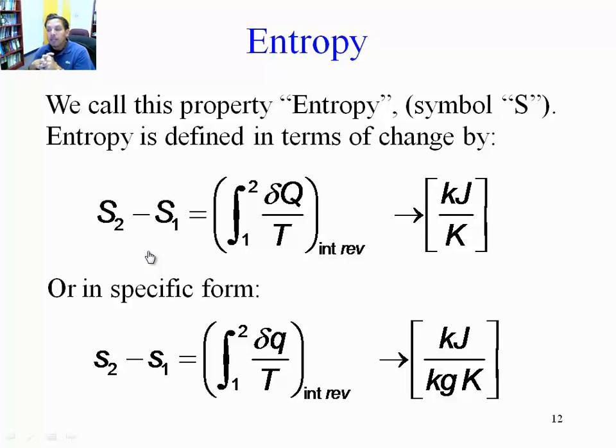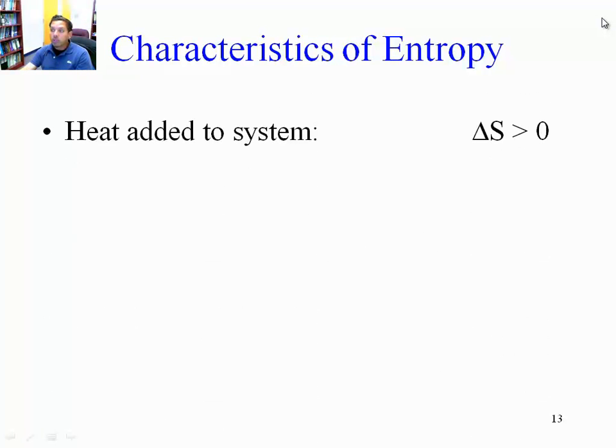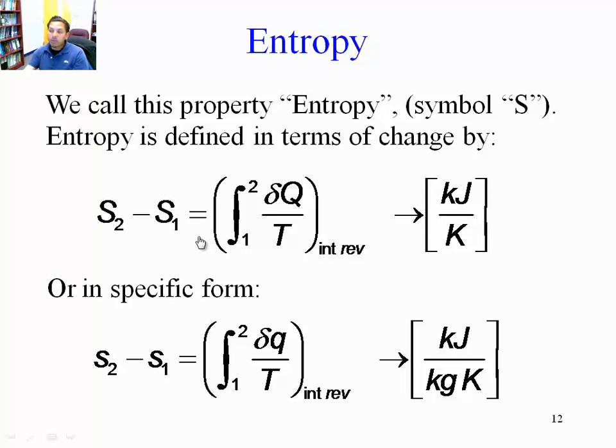Now, we also have some characteristics of entropy. According to the Clausius inequality, going from this definition, we can say that T is always a positive value. It is in Kelvin, so T must be positive.